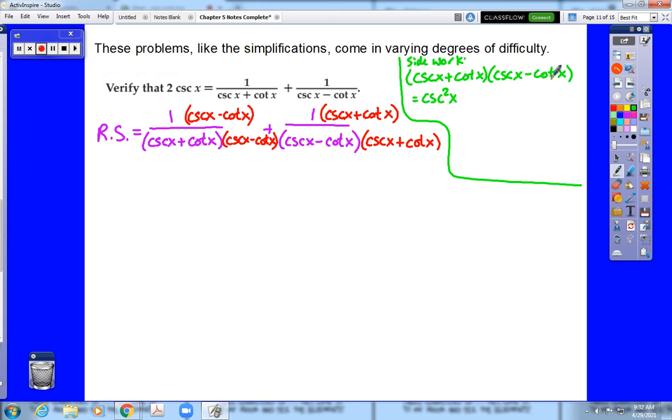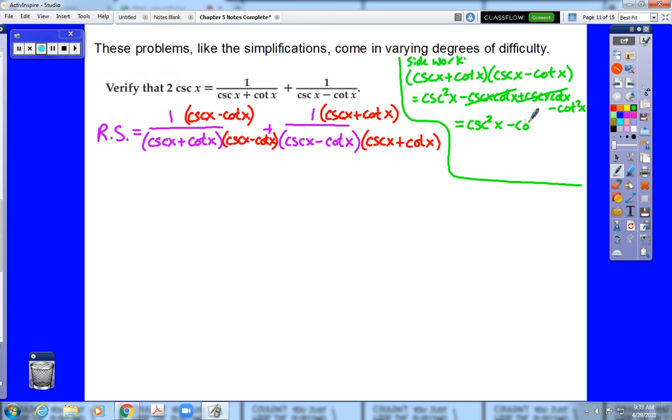Cosecant times negative cotangent is negative cosecant cotangent. Cotangent times cosecant would be positive cosecant cotangent. And I'm running out of space, but cotangent times negative cotangent would be negative cotangent squared. Notice that those middle terms cancel out and leave me with cosecant squared x minus cotangent squared x. This is my new denominator.